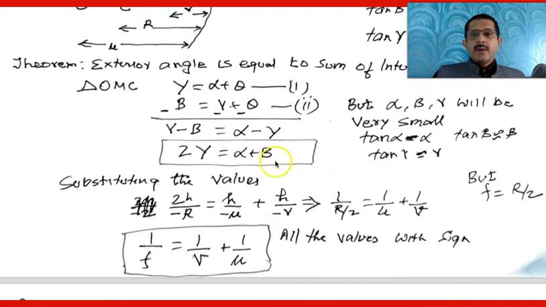Okay, let me go back. Now we already discussed this, that alpha, beta, gamma will be very small. So let's put in the values. Put the value of gamma, alpha and beta, so basically gamma is nothing but tan gamma, alpha is nothing but tan alpha, and beta is nothing but tan beta.